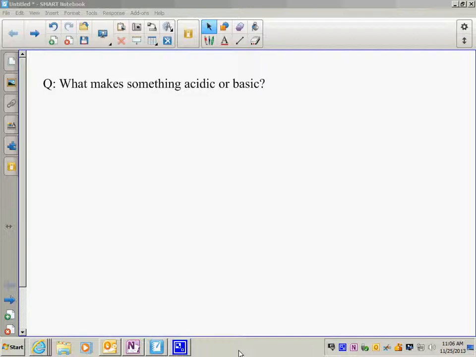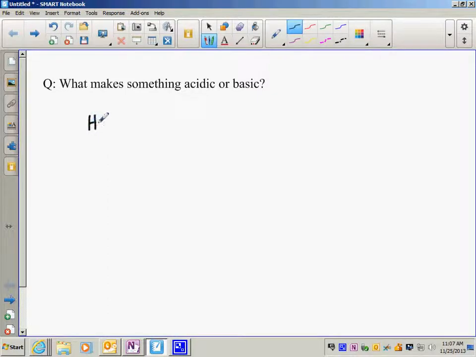The first question is what makes something acidic? This is a pretty important question here, and in the end, H3O plus ions, this is called a hydronium ion, is what determines whether something's acidic or not.